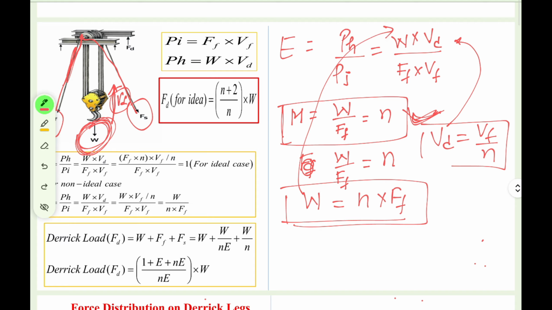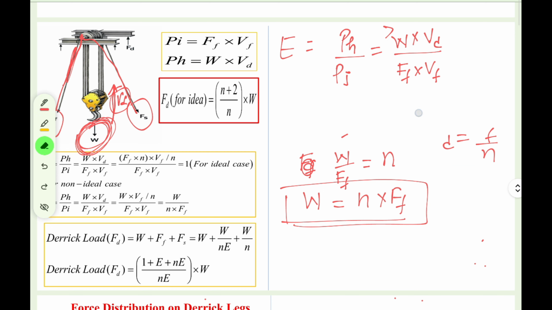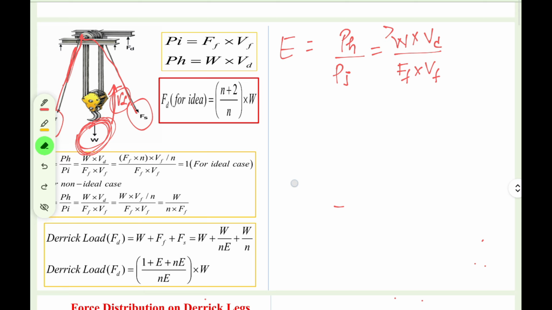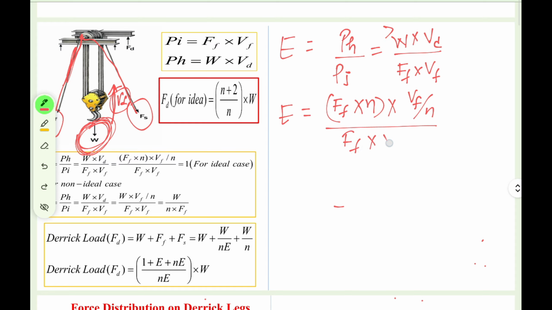So let me make this board clear. Let me do the calculation and see what the output will be. So E, as I told you, W can be written as Ff multiplied by N, in close bracket, and Vd can be written as Vf divided by N, and in the denominator Ff multiplied by Vf.